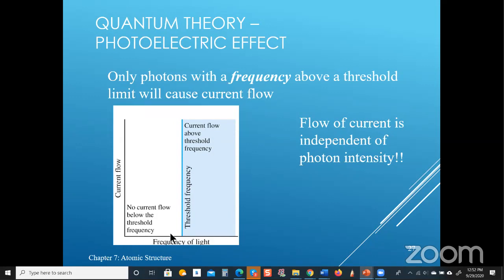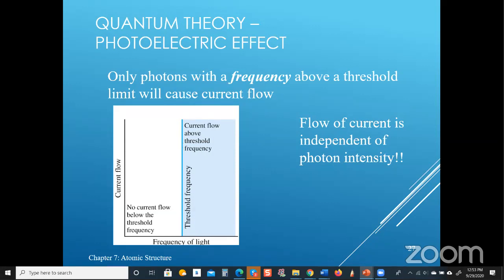If the frequency is below the threshold frequency, there will be no electric current detected. It doesn't matter how bright the radiation is. It doesn't matter how many photons the cathode is exposed to. There will be no current flow. Once the threshold frequency is reached, then all of a sudden you're going to see the current flow occurring. All right.